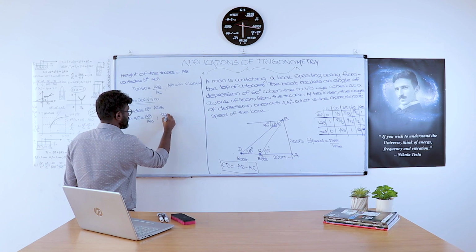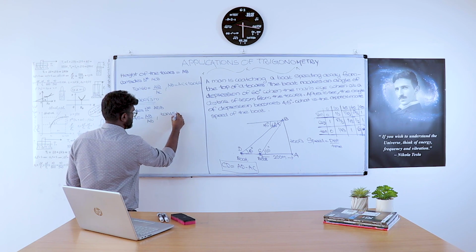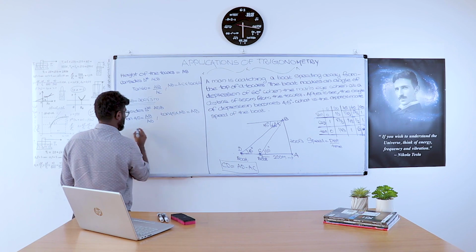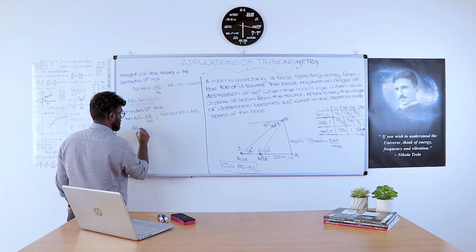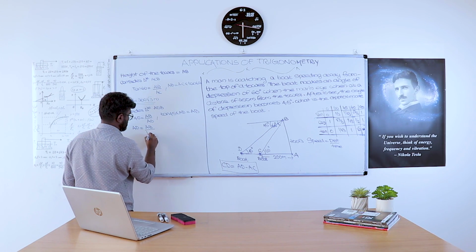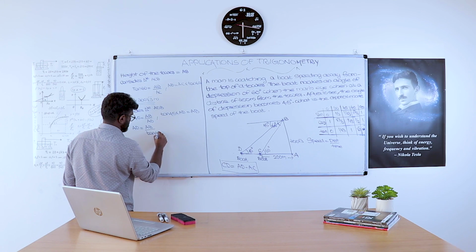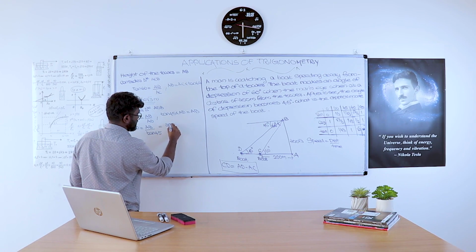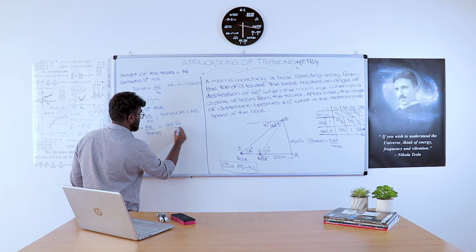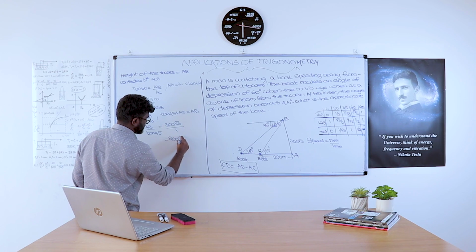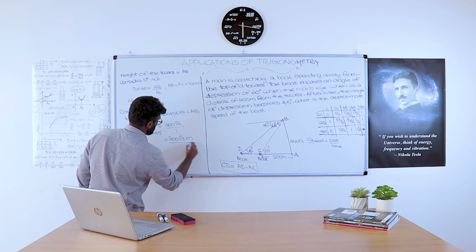Then AD equal AB by tan 45. What is the value of AB? 200 root 3 by tan 45, which is 1. That is equal to 200 root 3 meter.